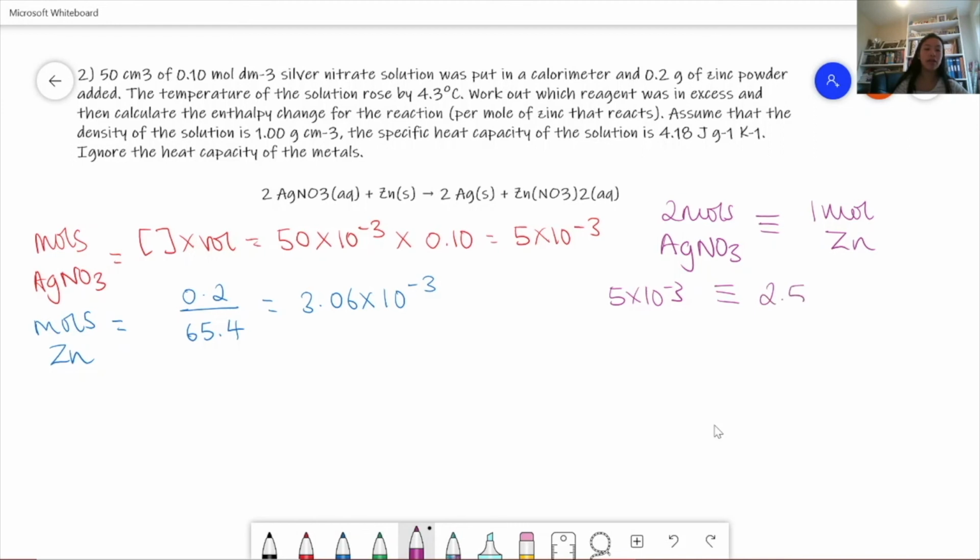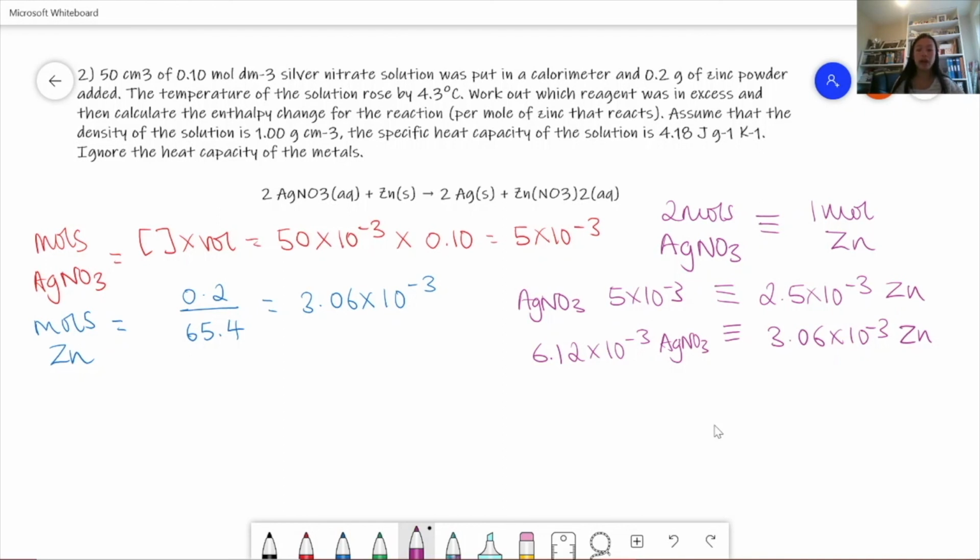So then it would react with 2.5 times 10 to the minus 3 of zinc. And if we looked at it the other way around, so if we start off with the zinc, if we have 3.06 times 10 to the minus 3 of zinc, then that would react with double that amount. So that would react with 6.12 times 10 to the minus 3 of the silver nitrate.